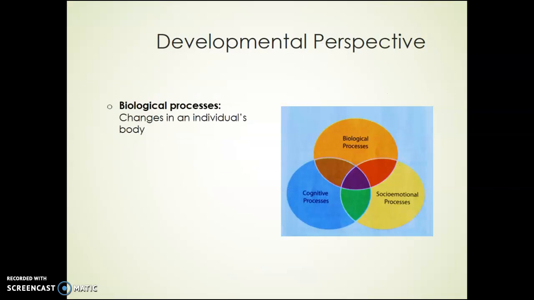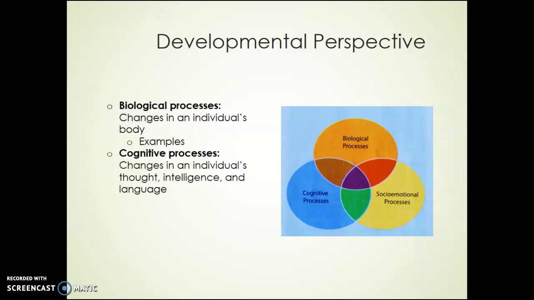So here are some developmental perspectives. We already know that there's a biological process, and that's the change in an individual's body, right? So when we think about growth and human growth, that's the biological process. And we also have the cognitive process, and that's the changes in our thought, our intelligence, and our language.